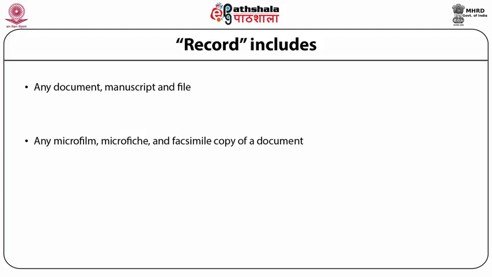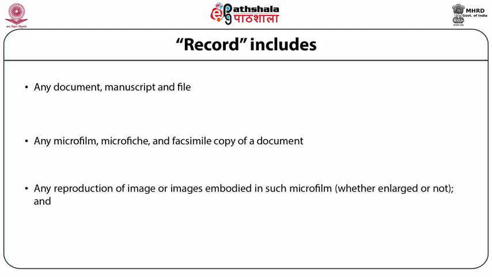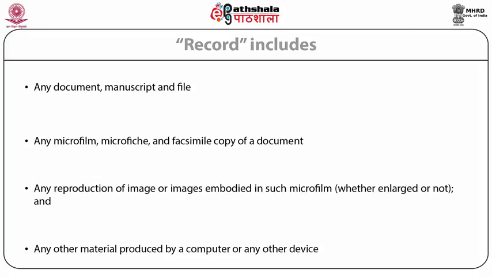It includes any reproduction of image or images embodied in such microfilm, whether enlarged or not, and a record may also include any other material produced by a computer or any other device.